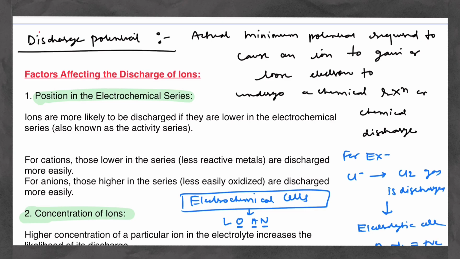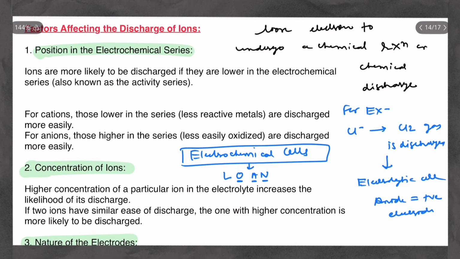So at the anode, Cl negative goes to Cl2, and at the cathode, if I am taking Na plus, it will gain an electron and discharge as solid Na. So this is a simple concept. Because this is for an electrolytic cell, it is the reverse of LOAN, which is the reverse of the electrochemical cell.